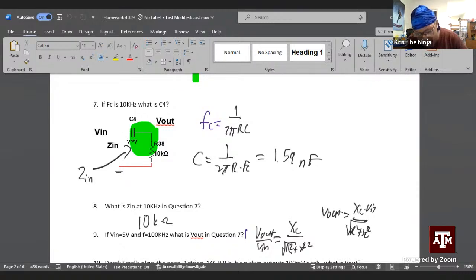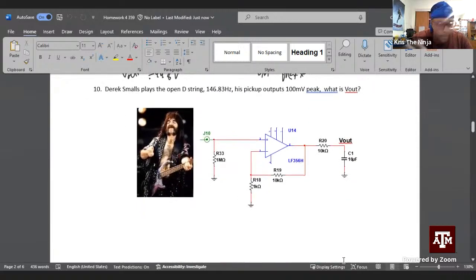Okay, so Derek Smalls plays the open D string, 146.83 hertz. His pickup output's 100 millivolts peak. What is the out? On this next question, we're looking at a non-inverting op amp. So our gain here is 1 plus 10, a gain of 11.